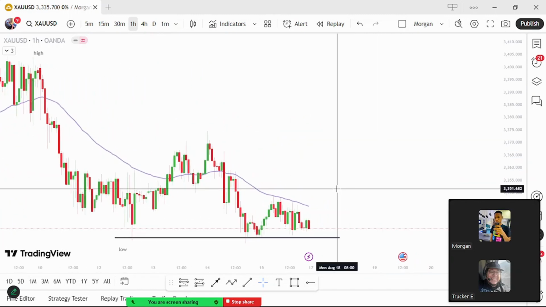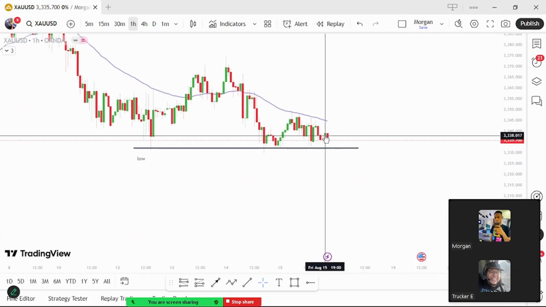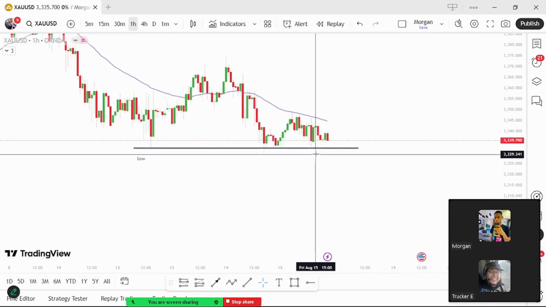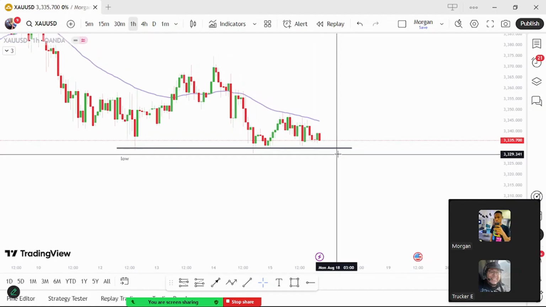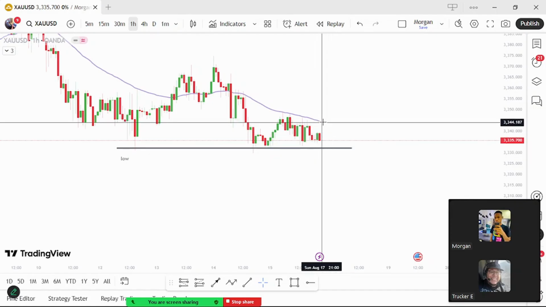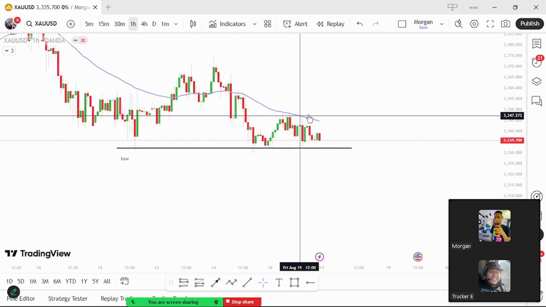So in this situation now, if we are to see this candle take out this low, technically what that is also telling you is that some can put their stop loss here, some can put it here as well.